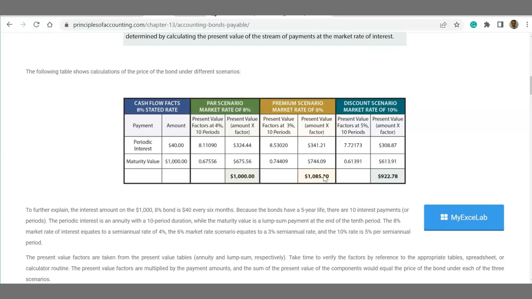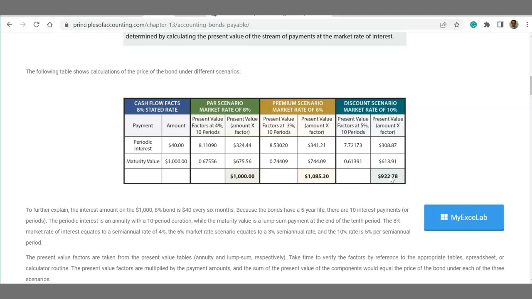But the company cannot record it as income or anything. The company will record it as a premium on bonds payable, and then they will amortize it during the next 5 years. So in this scenario, they will record less interest expense in the next 5 years because of this $85.